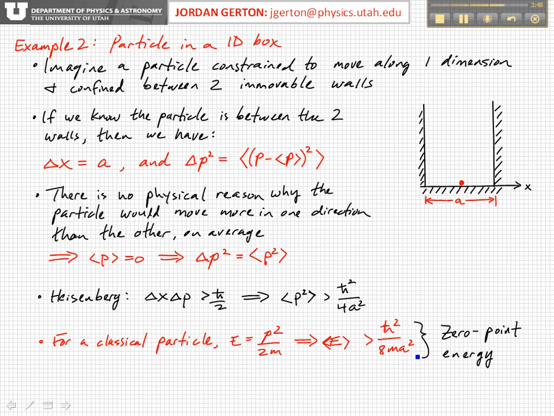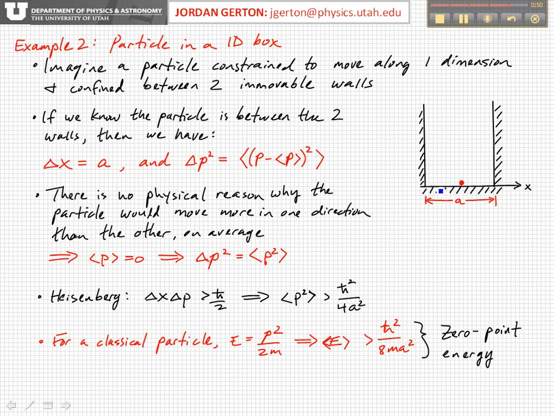And this is a very important concept in quantum mechanics. It basically implies that for something like a mass on a spring, which is, after all, something which is constrained in one dimension, you can't stretch the spring to infinity, and you can't collapse the spring to zero.